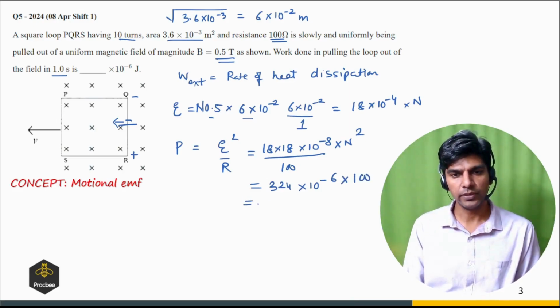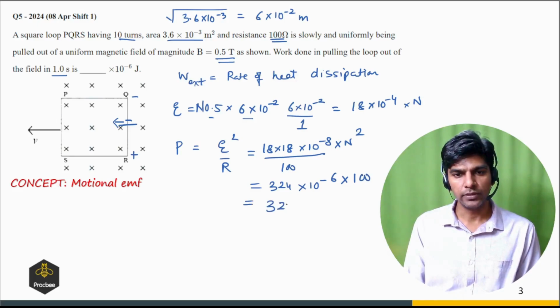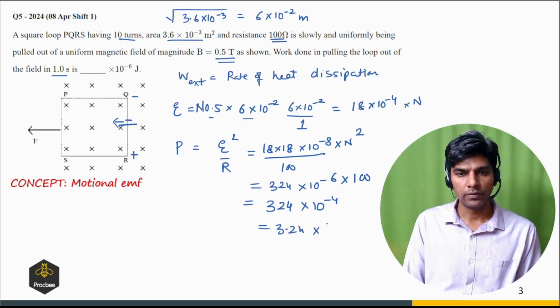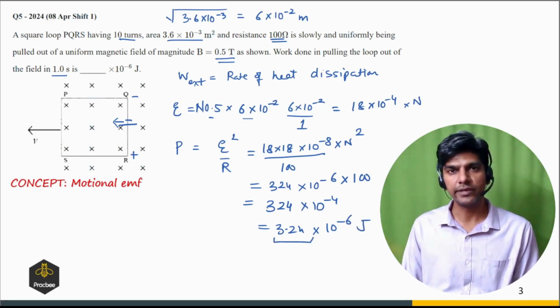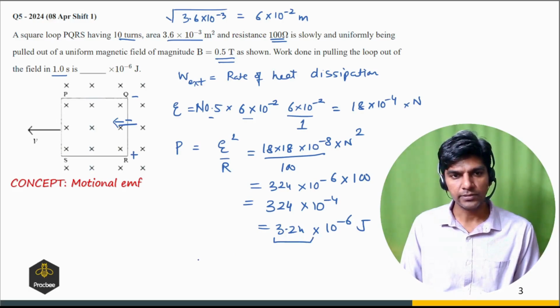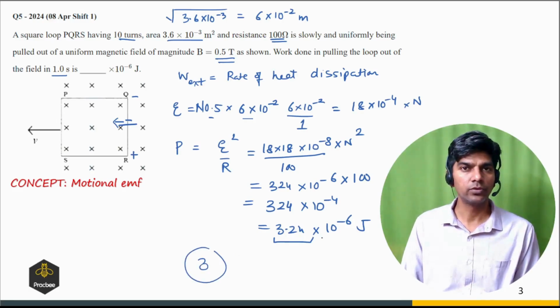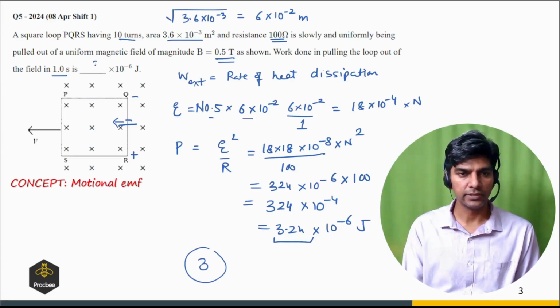So this comes out to be 324 times 10 raised to minus 4, which can be written as 3.24 into 10 raised to minus 6 joules. So if you compare, the answer will be 3.24. Since it's an integer type question, we'll round off this 3.24 as 3. So 3 is the answer.